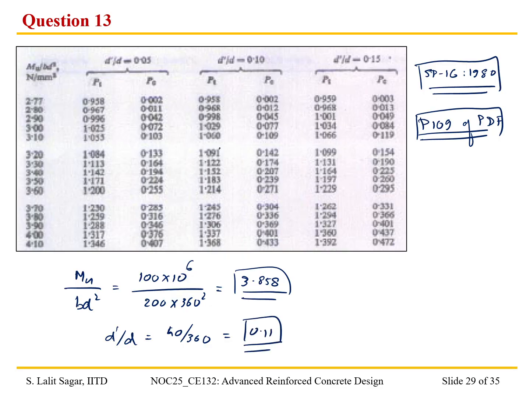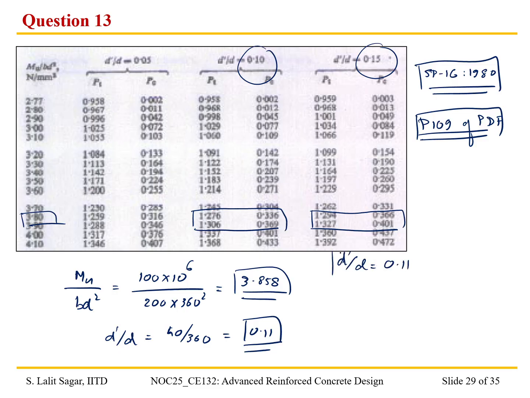So basically we have the values for 0.10 and 0.15. So first we need to interpolate between these two values, 3.8 and 3.9, right? So interpolate between these two values and then interpolate between 0.10 and 0.15, and then we obtain for a value of d dash by d equal to 0.11 by interpolating between these two columns.